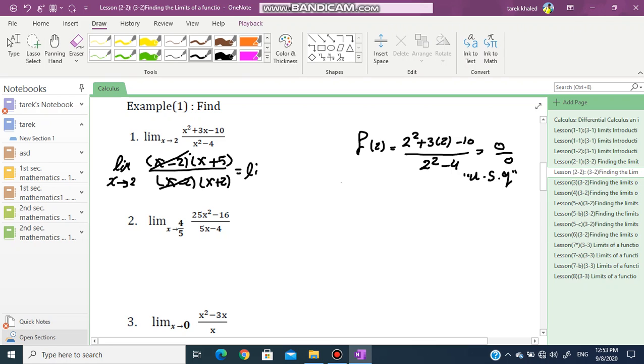So the limit x tends to 2 of (x + 5) over (x + 2) equals 2 + 5 over 2 + 2, which is 7 over 4.